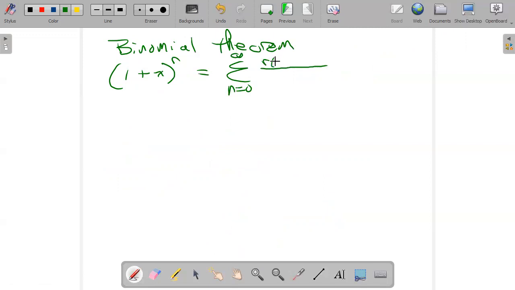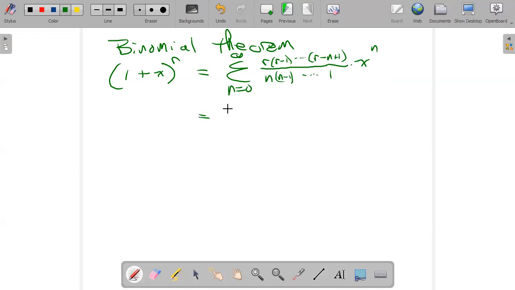Coefficients look like r times r minus 1, all the way down to r minus n plus 1, divided by n times n minus 1, all the way down to 1, times x to the n.